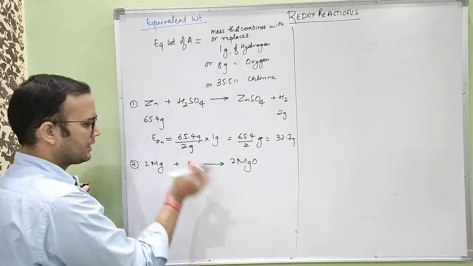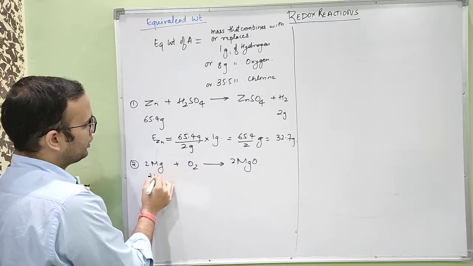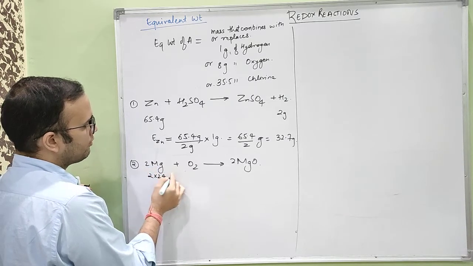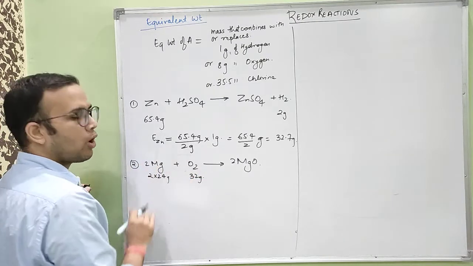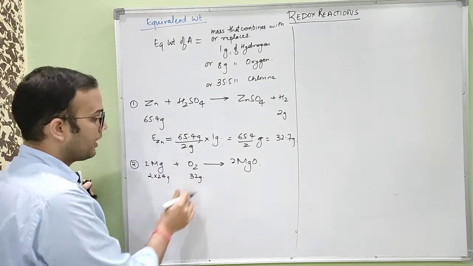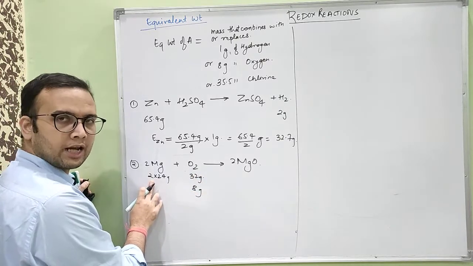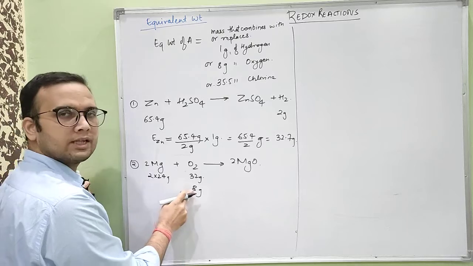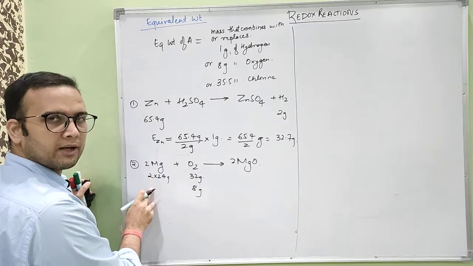Got it? Basic thing. Now here it is saying that 2 into 24 grams of Mg is combining with 32 grams of oxygen. If we are taking this to be 8 grams, how many grams of Mg will combine with this? So you can see we have divided this by 4. We will have to divide this by 4 as well.